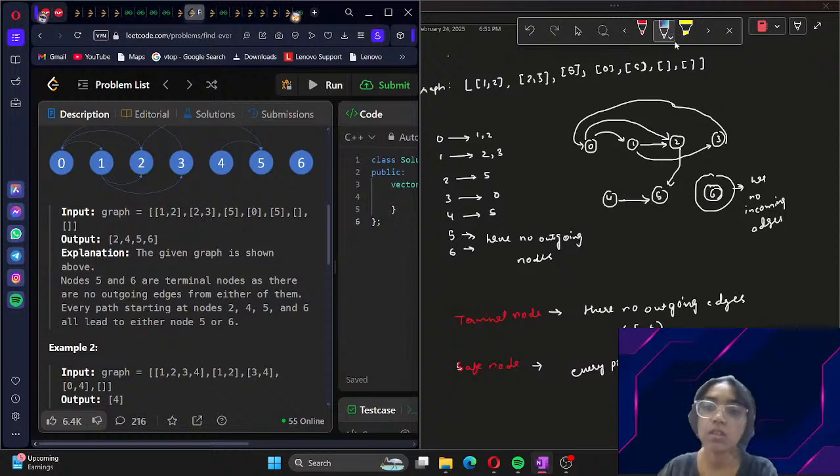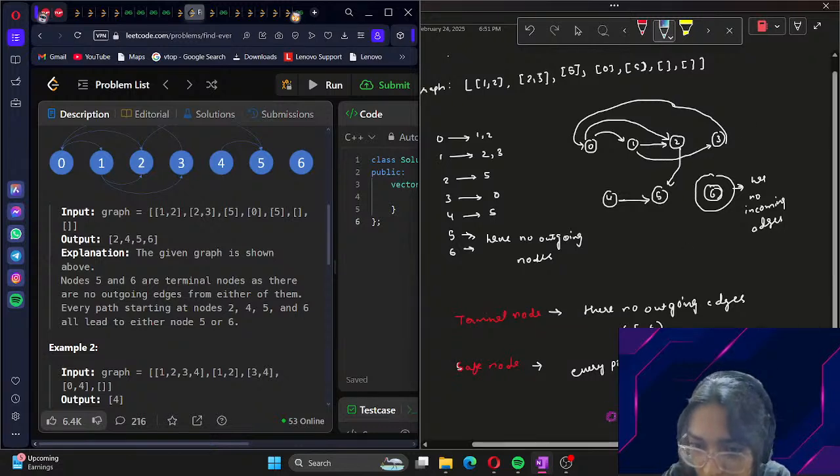Let's take this color. From node 0 we have a path to 1 and 2, and from 2 we have a path to node 5, which is a terminal node.